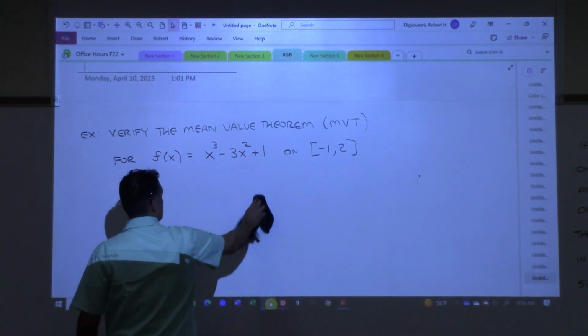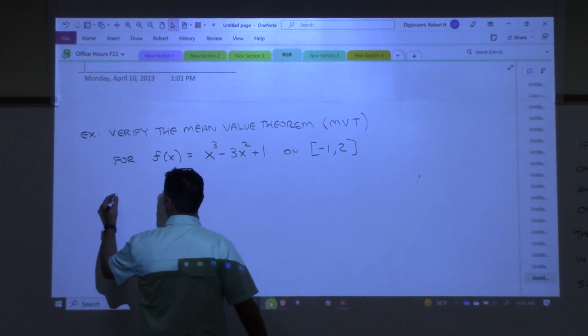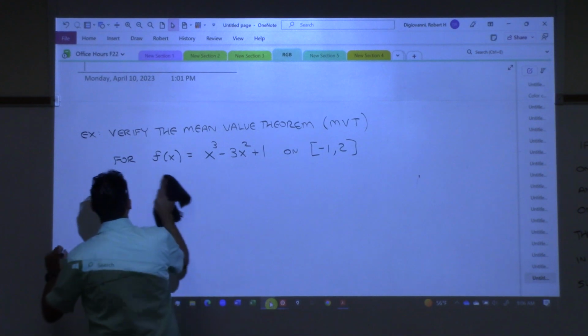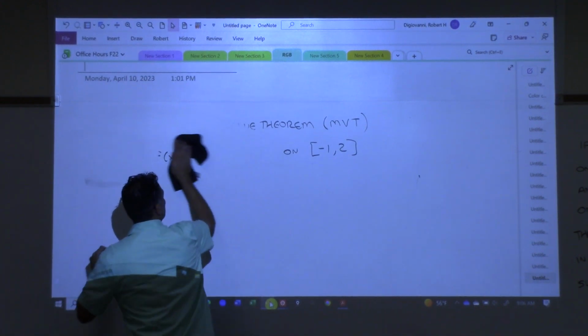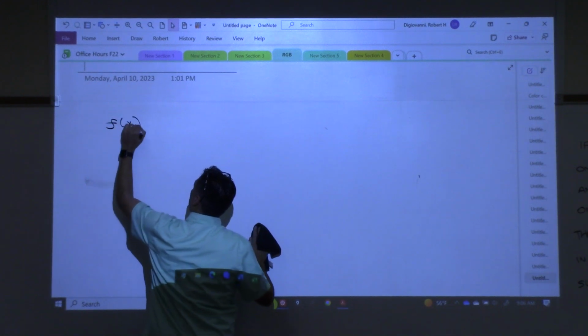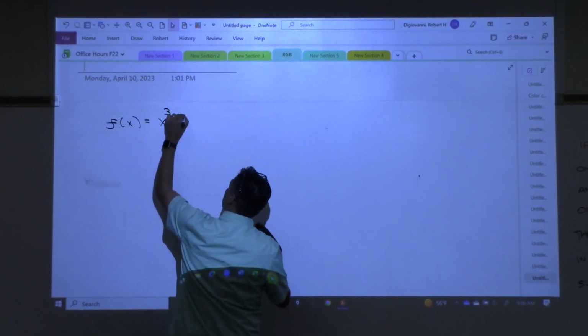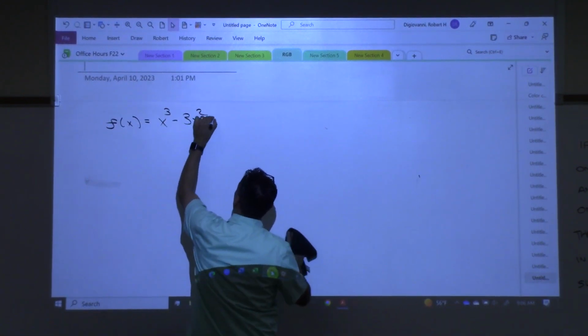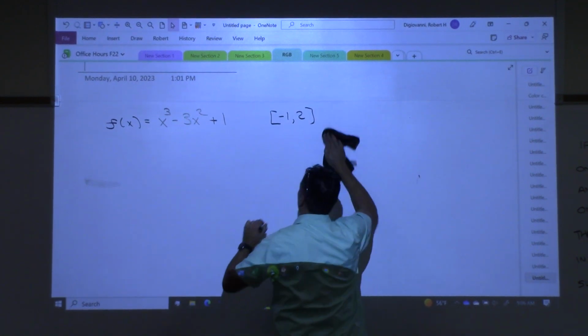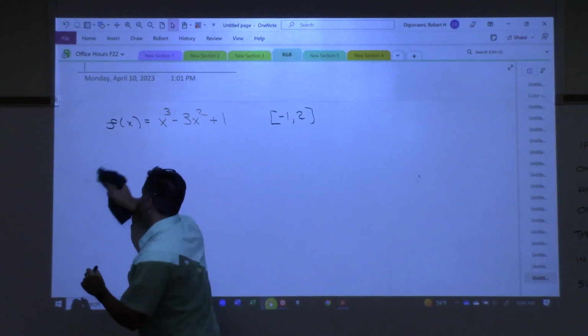So I'm going to put, since both conditions were true, I'm going to put so. Let me move this up. It was x cubed minus 3x squared plus 1, and it was on the interval -1, 2, right? So here's what I can say.